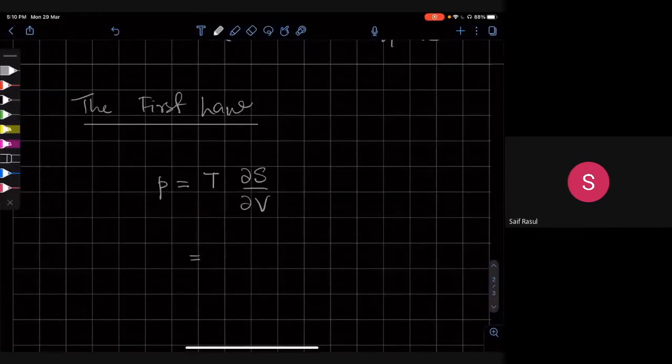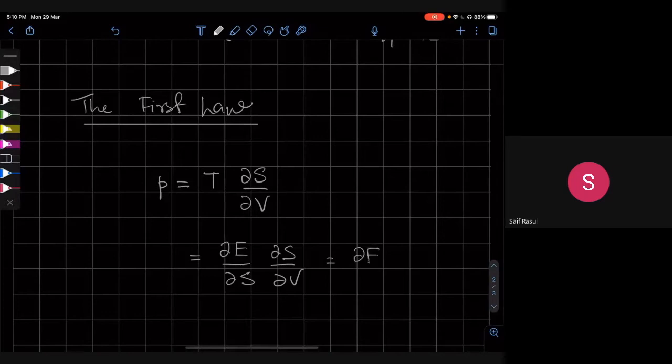The definition of temperature tells us that the first factor can be replaced by this. And therefore, the entropy dependence cancels out from the definition of pressure. Okay?